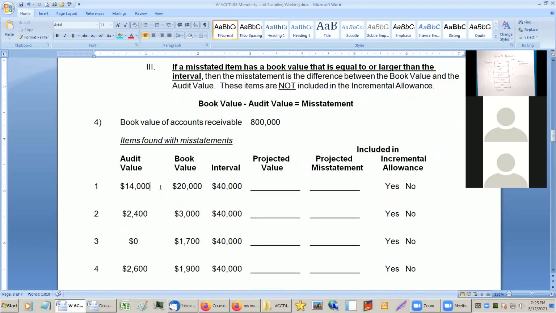Okay, first one here. These are set up so that you could actually just do this: 14,000 divided by 20,000 times 40,000 gives you a projected value of, so the projected value is 28,000.